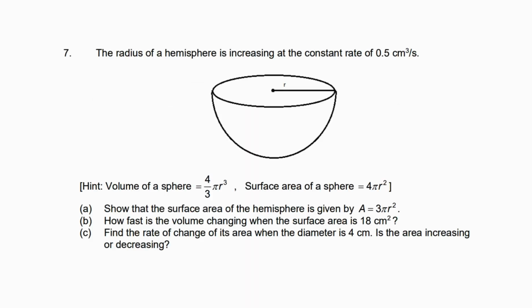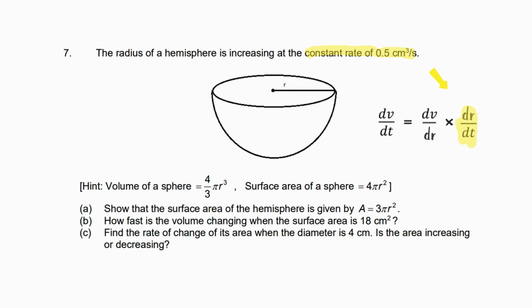Now let's look at the equation and point out what information is already given. The question says that there is a constant rate of 0.5 cm³ per second, which is dr over dt. So we already have what to substitute in the equation for dr over dt.